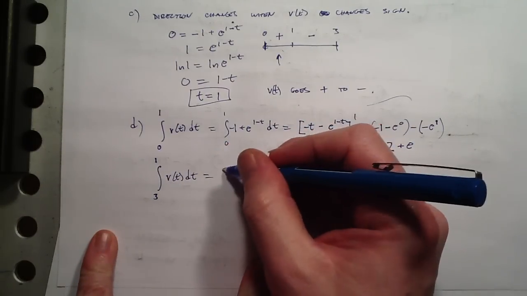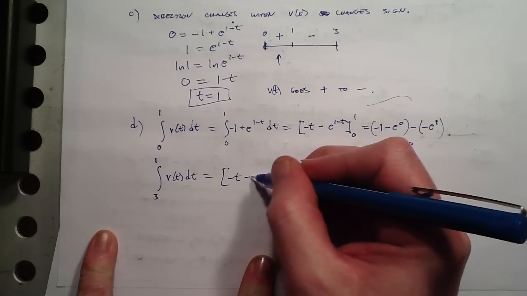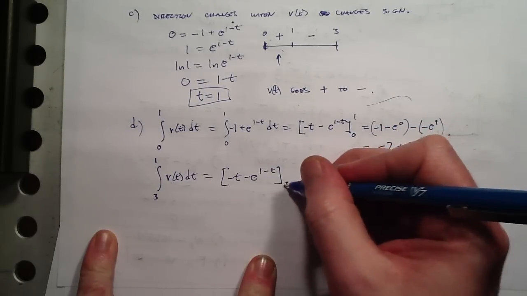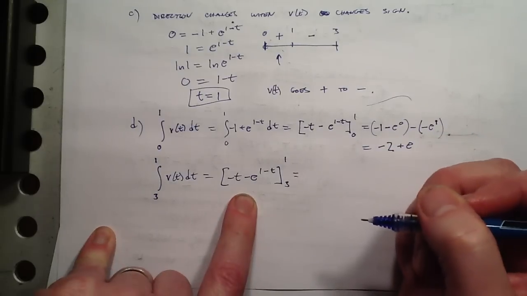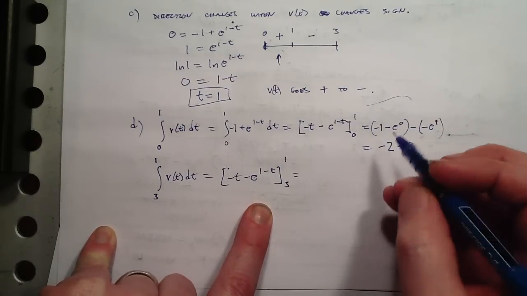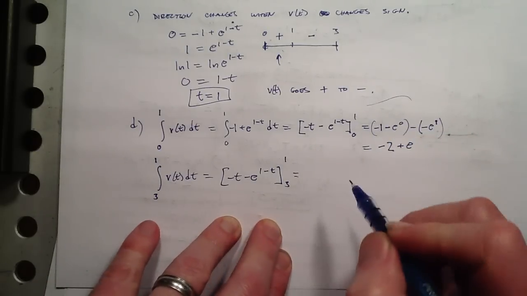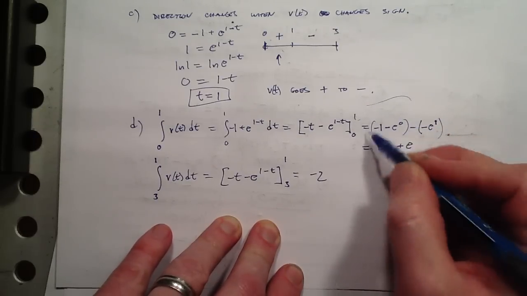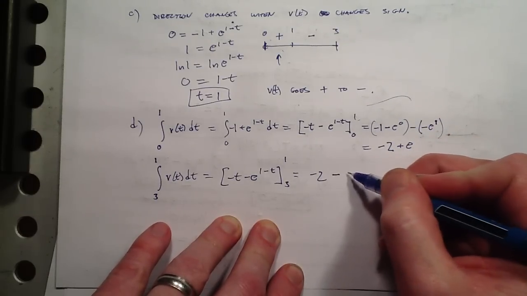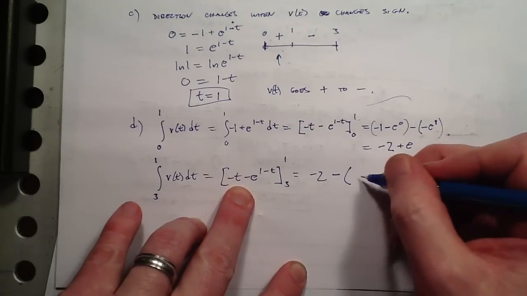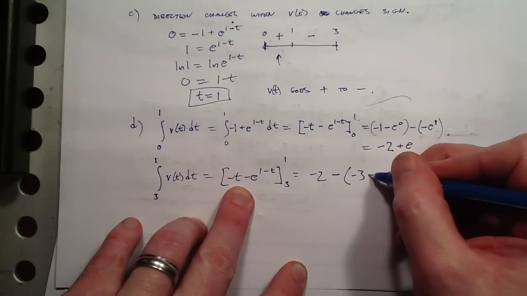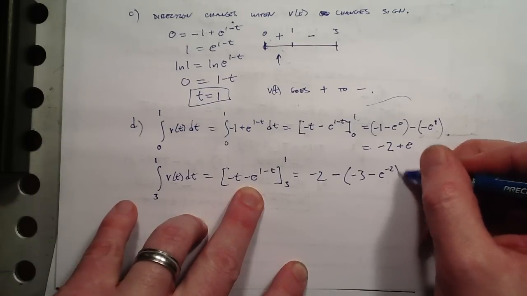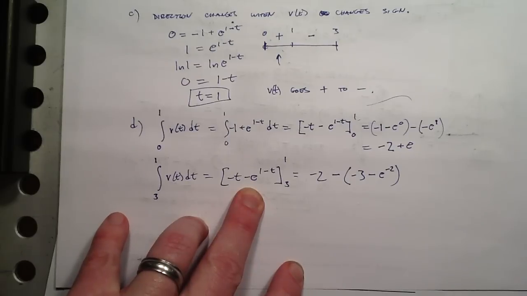Nice thing is we already have the antiderivative, so negative t minus e to the 1 minus t, 3 to 1. And I also know what you get when you plug 1 in. You get negative 2, right? That's what we just did here. Minus what you get when you plug 3 in, negative 3 minus e to the negative 2, right?